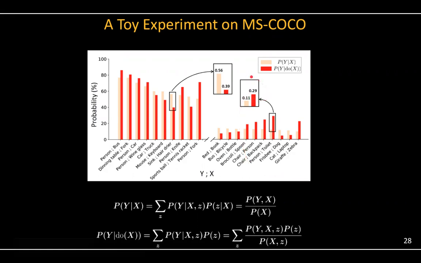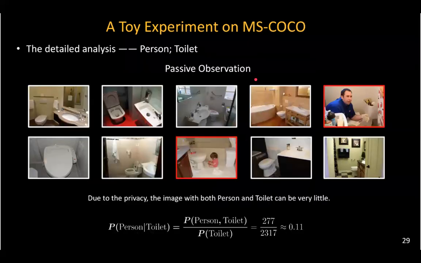Okay. So the point of this image is that if we do this do calculus, we know that the true, or more reliable, correlation between person and toilet should be higher than what we observe in the dataset. That's this example.